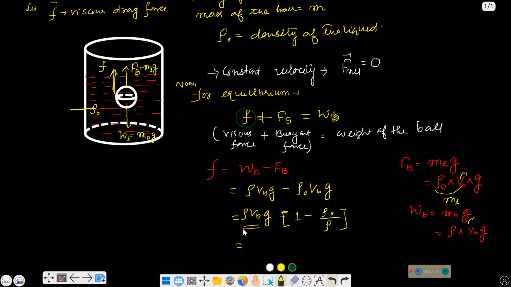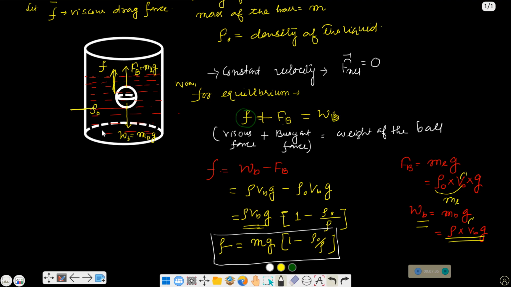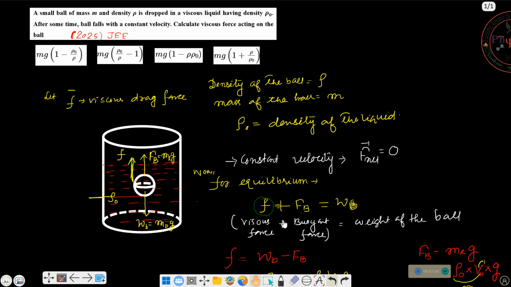Now rho VB g is the weight of the ball, so we can write it as mg into 1 minus rho naught by rho. So this is our viscous drag force that will be acting on the ball while falling through this viscous liquid of density rho naught.